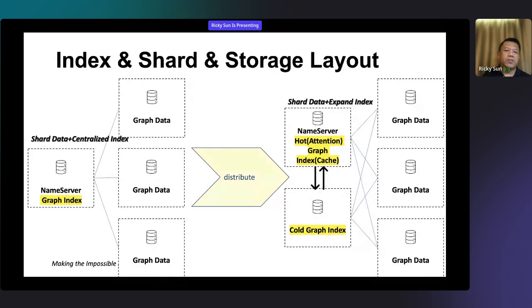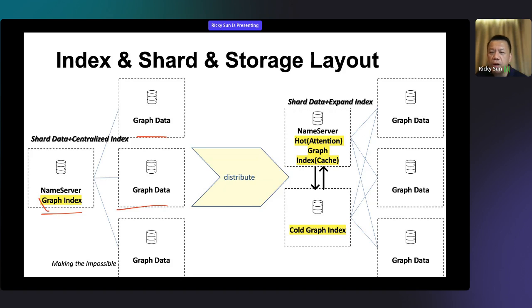Now the layout can also be transformed. Remember the very basic setup. The name server potentially contains some graph index, and graph data are distributed and collocated, and we can also use a really sophisticated setup.